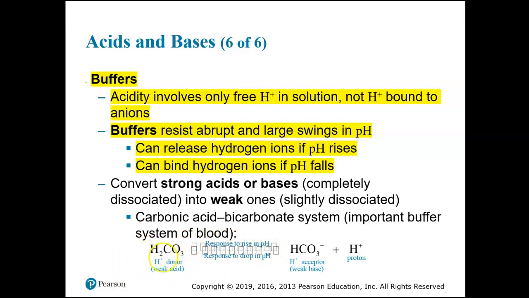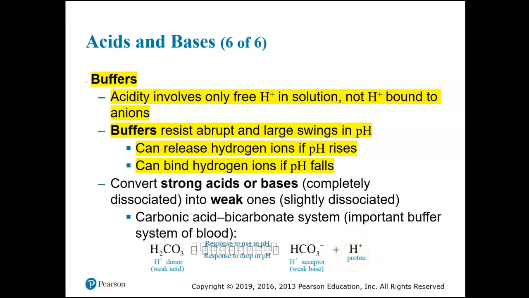This is the carbonic acid bicarbonate buffer system. Basically, carbonic acid forms when carbon dioxide and water combine. If the arrow points toward the right, carbonic acid can break down into bicarbonate and hydrogen ions. This will happen if the pH of our body fluids rises, because the increase in hydrogen ions will lower the pH.